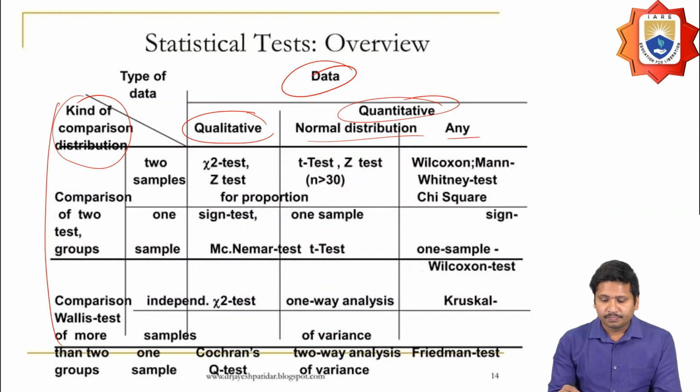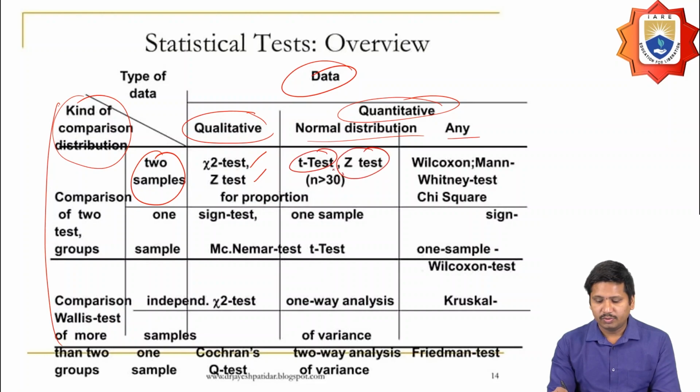So for two samples, what kind of tests can I perform on qualitative data? A chi-square test and Z test. And for quantitative data, you can perform a t-test, and a Z test with a sample size greater than 30, and Wilcoxon, Mann-Whitney tests, and chi-square tests.